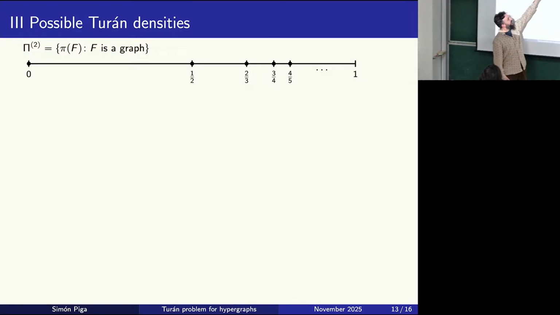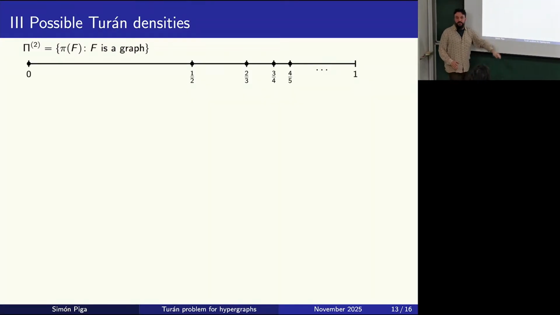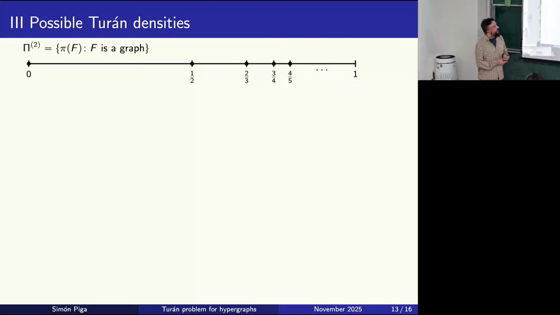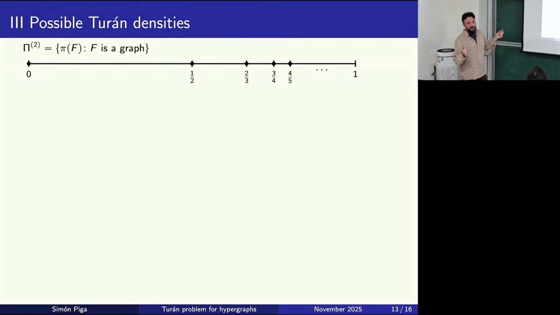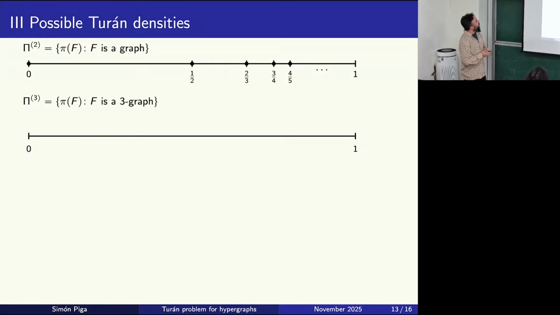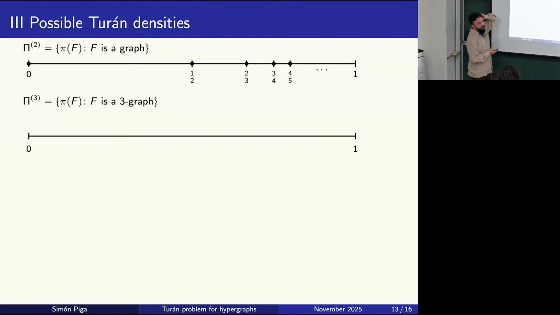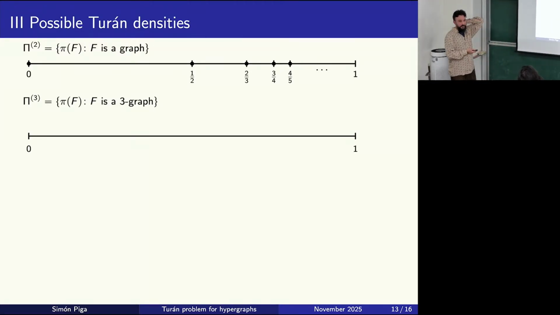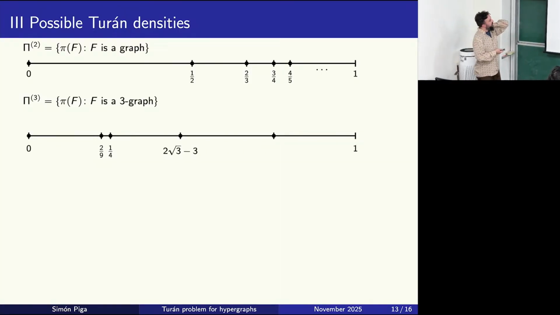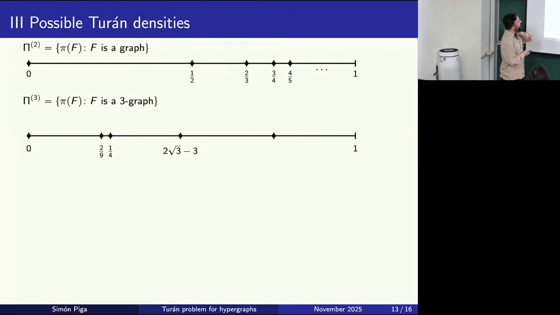It's just a set of dots in the interval [0, 1]. They approach 1, and yeah, this is all the story that we can say. So one maybe can try to say something about the possible Turán densities for 3-uniform hypergraphs. And there we know some points.